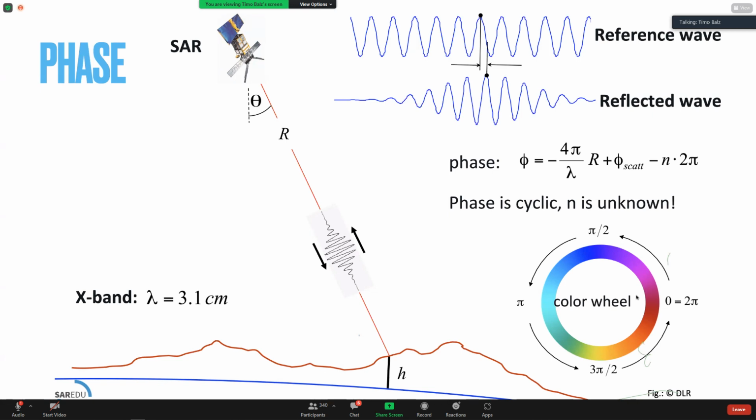The phase also plays a role when we sum up the different contributions inside a scatterer, whether they sum up positively or negatively. So it's a very important property of a SAR image, and we will talk about that a lot in interferometry, where we basically only look at the phase in the end.